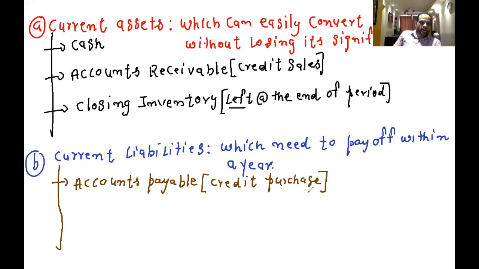Okay. Next is a bank overdraft. Bank overdraft is also your current liability. Right. So what is bank overdraft? Tell me.